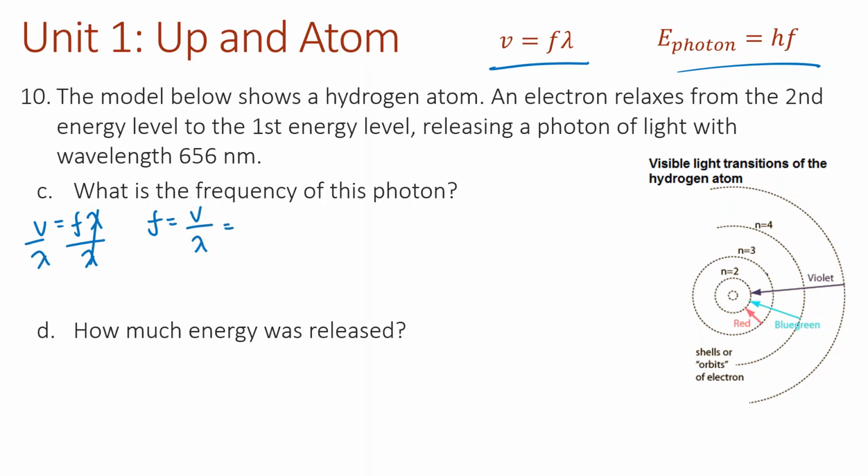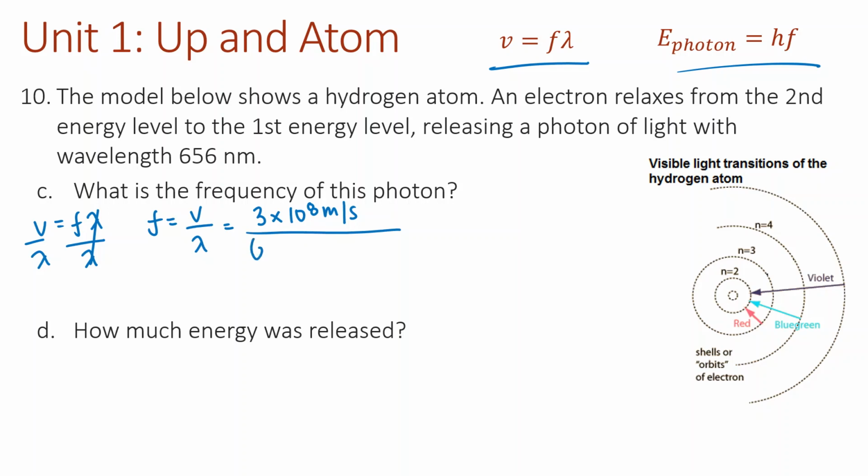So here we have v over wavelength. Now we're talking about a photon of light, so this is the speed of light, which is 3 times 10 to the 8 meters per second. We want to divide this by the wavelength, which we've previously converted into meters.